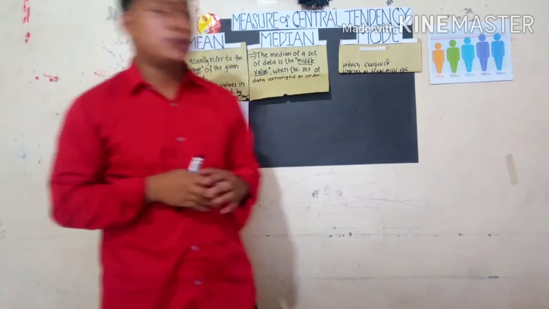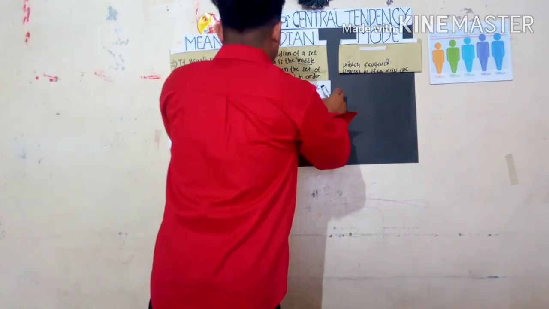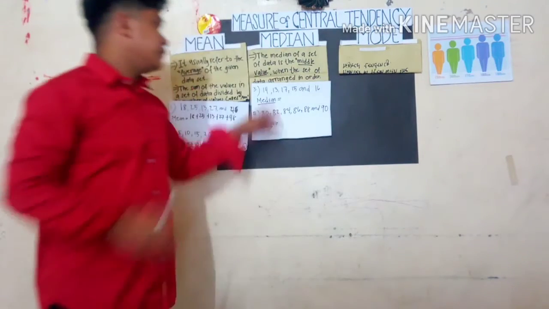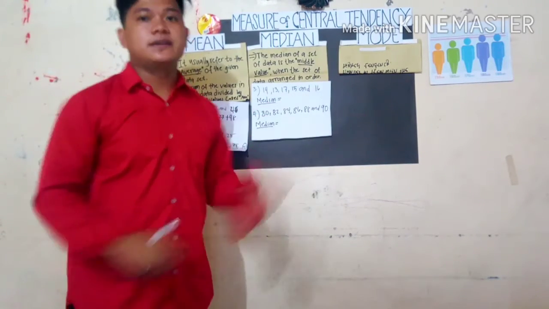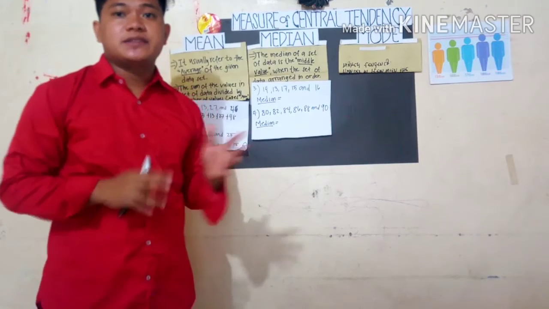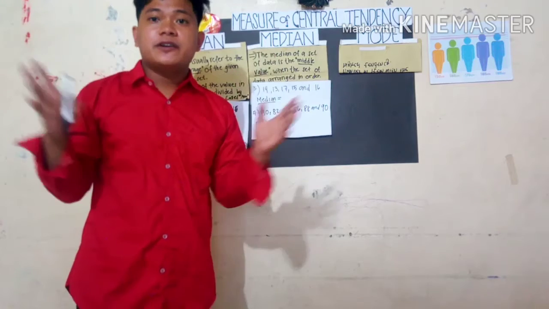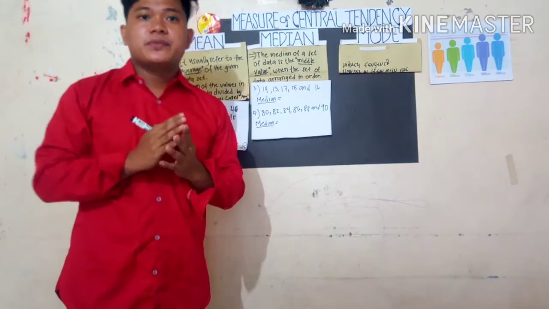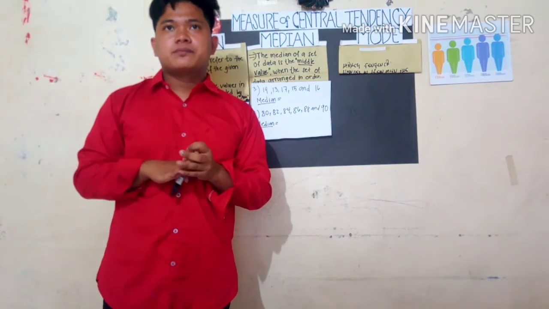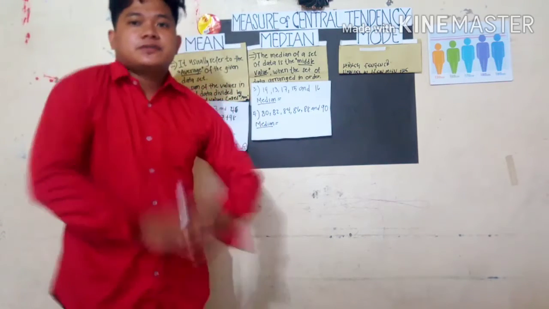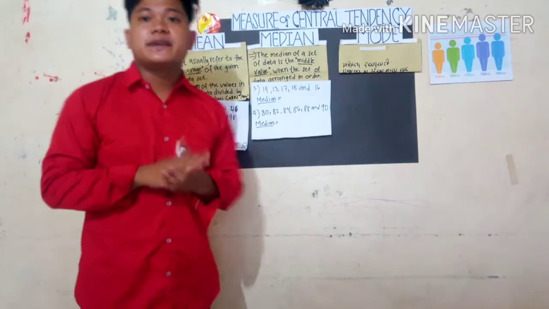Let's have an example for median. Let's say we have 14, 13, 17, 15, and 16. Again, we're going to arrange the set of data, either in increasing order or in decreasing order. So, may I call on Miss Santos? Miss Santos, kindly recite the proper arrangement of the set of data.